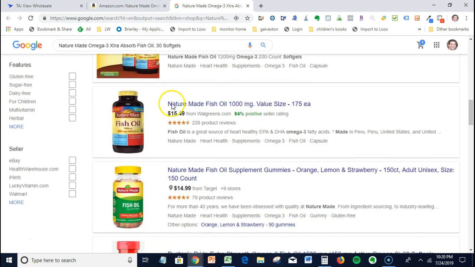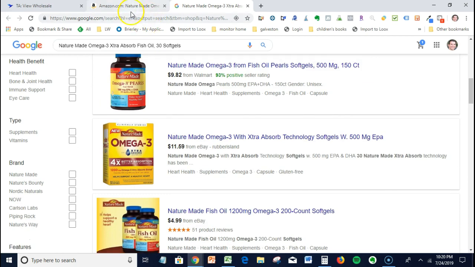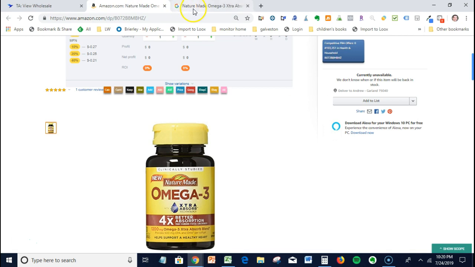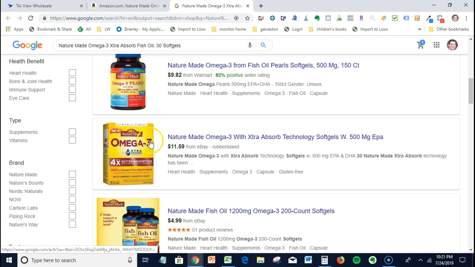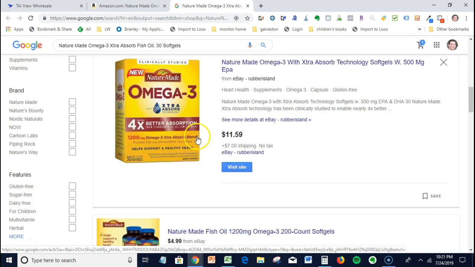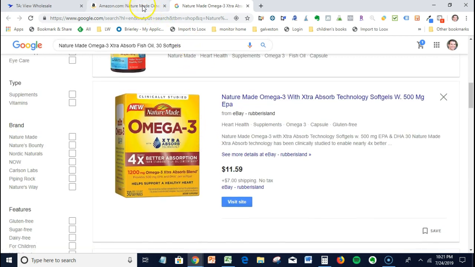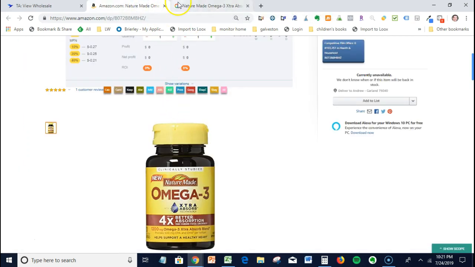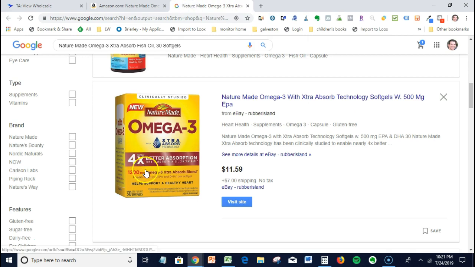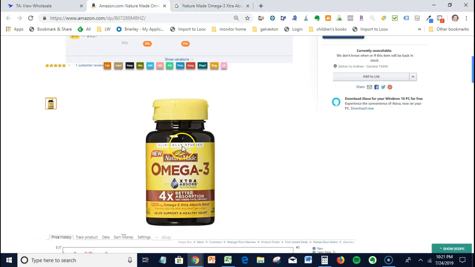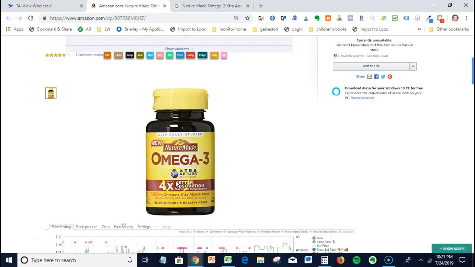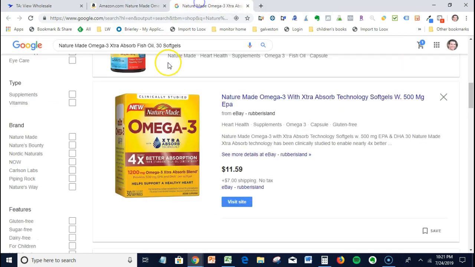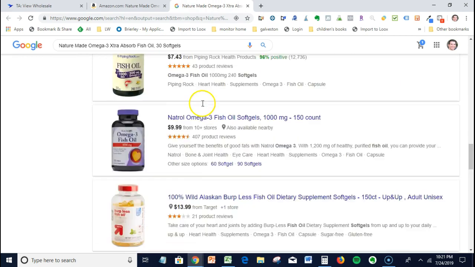There's a lot of different variations here, so we have to be careful. This is 3. That looks like it's it, but it's not. This is 1200 milligrams, 30 soft gels. It's a different 1200. This looks different. So yeah, I'm having a hard time matching up with what's on here.